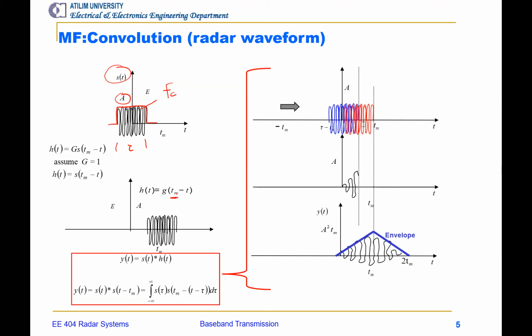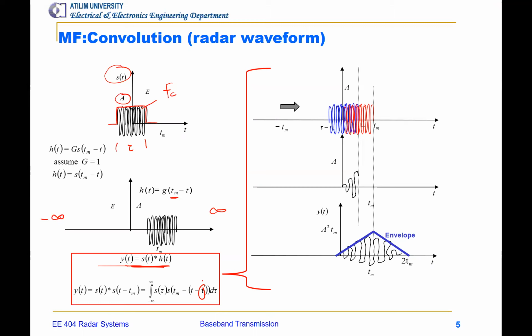mirror imaged version. And convolution, as you might remember from signals and systems, is simply a sweeping operation. If we try to visualize this, we just take the input signal and then sweep it from minus infinity to plus infinity by the amount, which is simply denoted by tau.